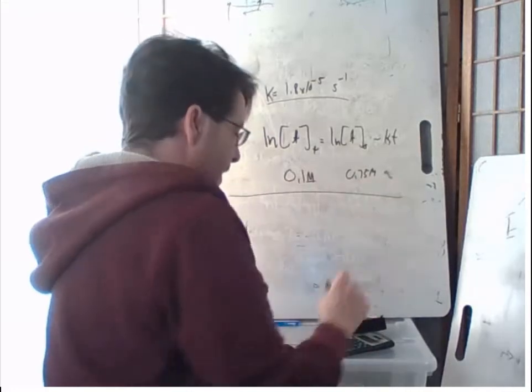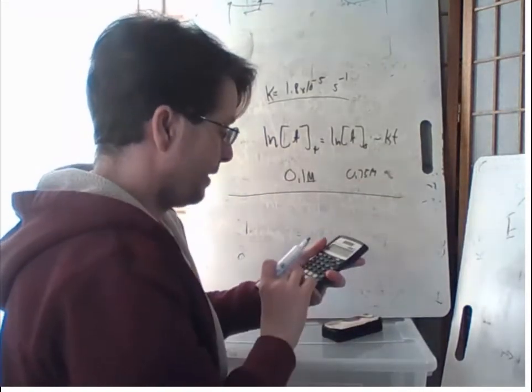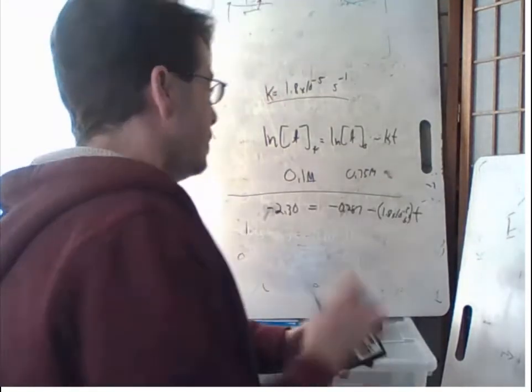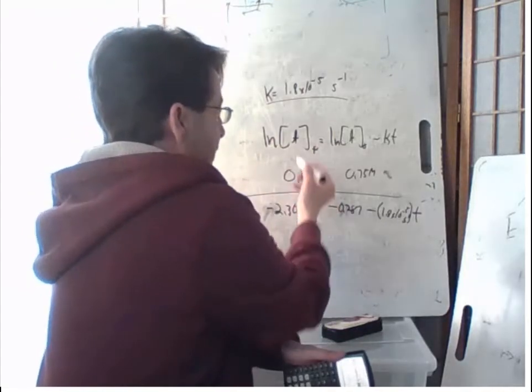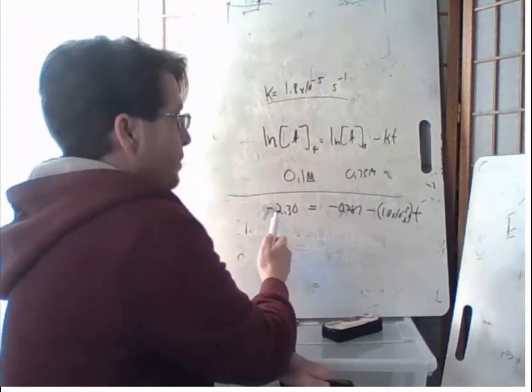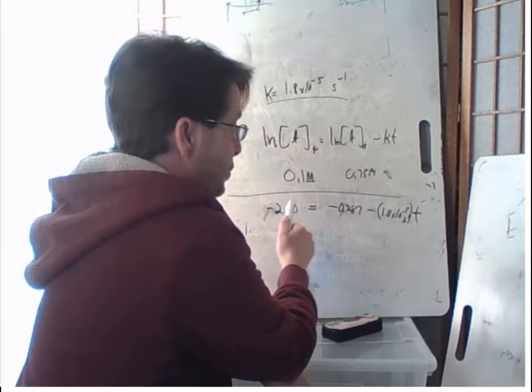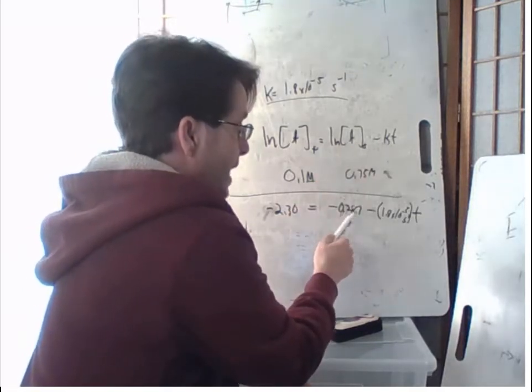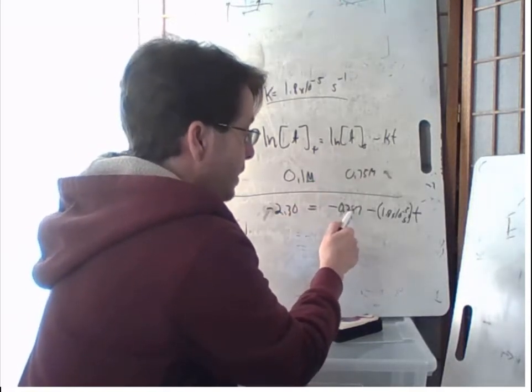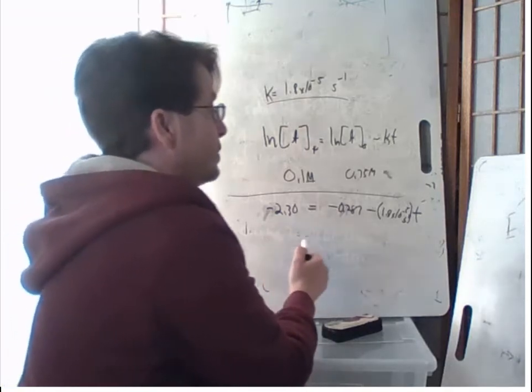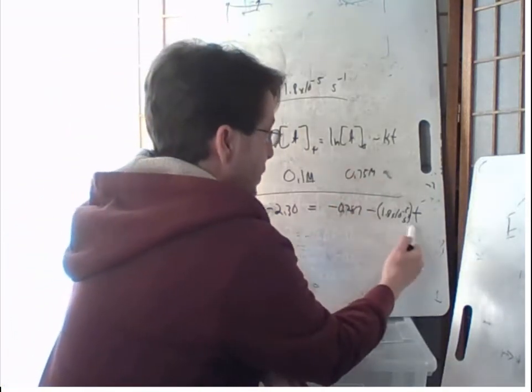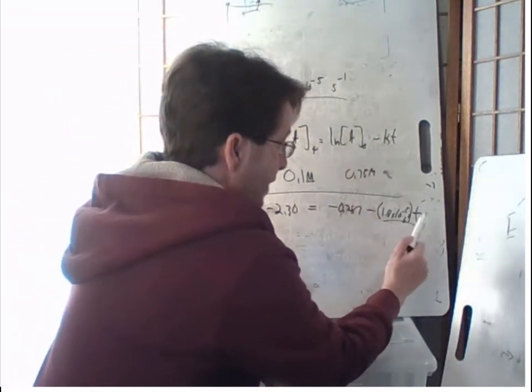And so we can plug those values in and do the math. We take the natural logarithm for the A at the future time, and the logarithm for the A at the starting time. We get these numerical values and plug them into the equation, and you're left with one variable, the time.